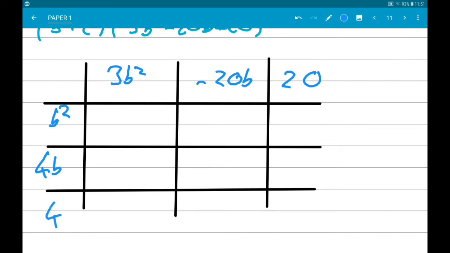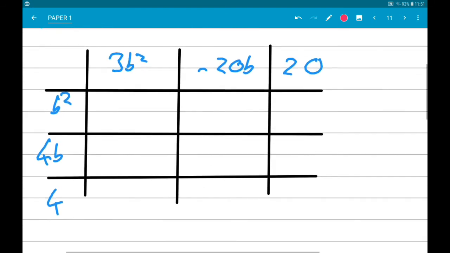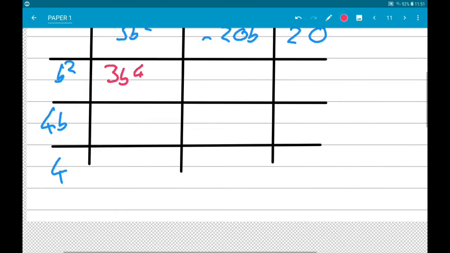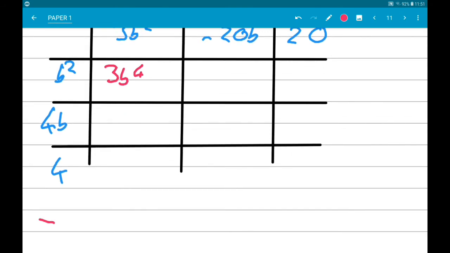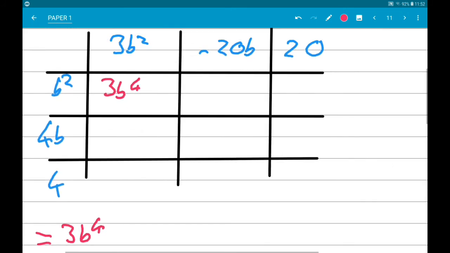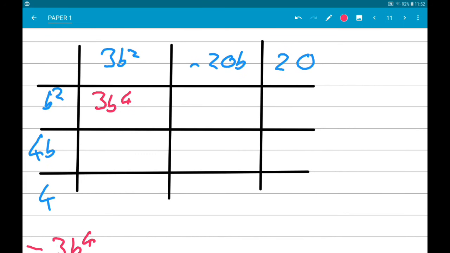So we are going to get 3b to the power 4. So that's a good start. Okay, and then we're going to get minus 20b cubed.